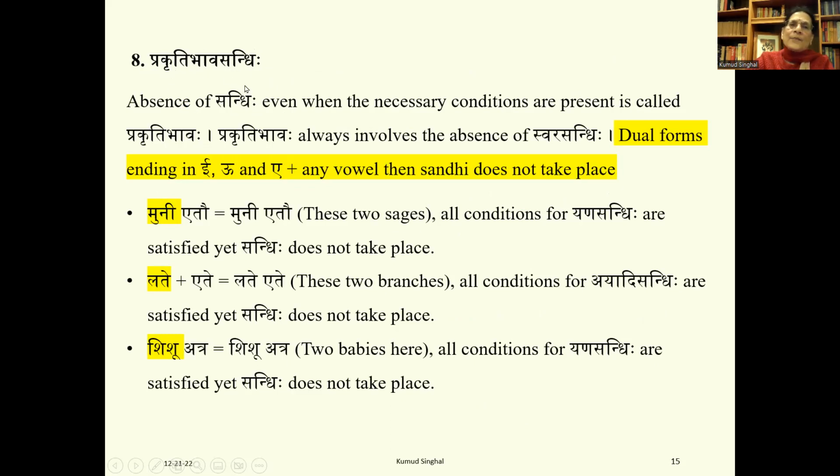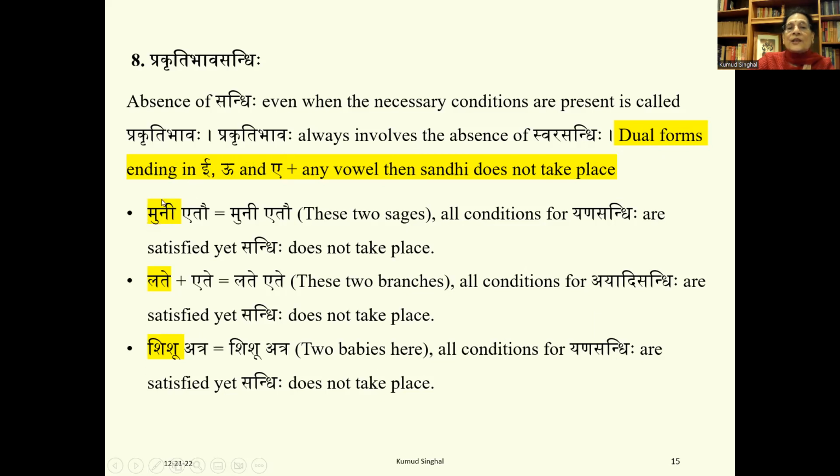Again, it happens in very specialized cases. It happens in dual forms ending in i, u, and e, and if they are followed by any vowel, then sandhi does not take place. For example, the pratipadikam is muni.